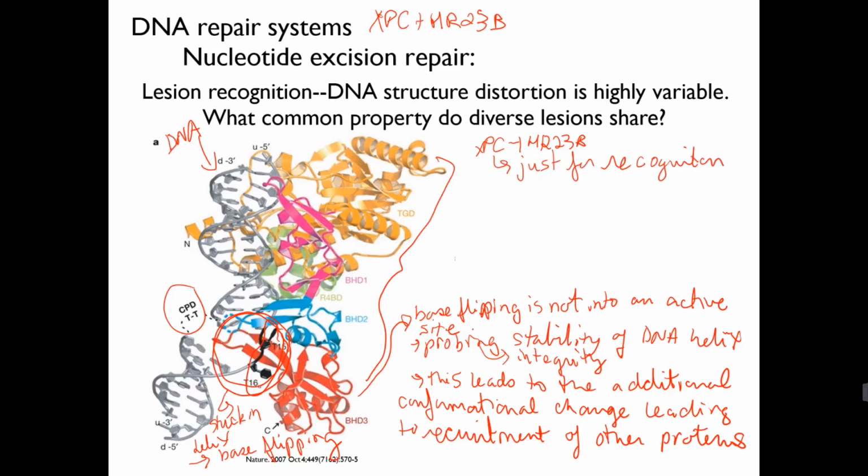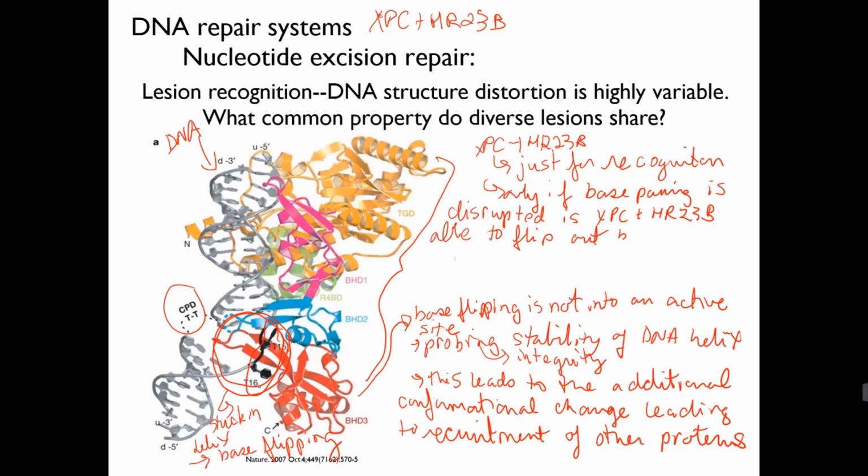And only if base pairing is disrupted are XPC and HR23B able to flip out bases and kink the DNA.